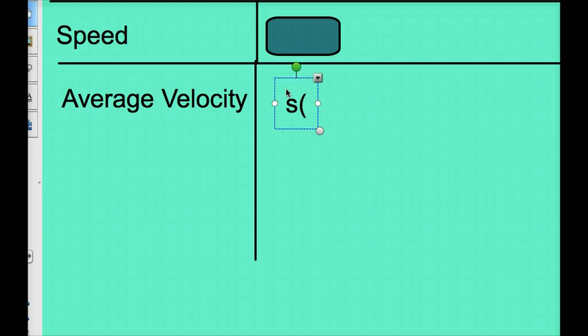Take the position at a certain time, so I'm going to call this time t2, and I'm going to subtract another time, so t1.